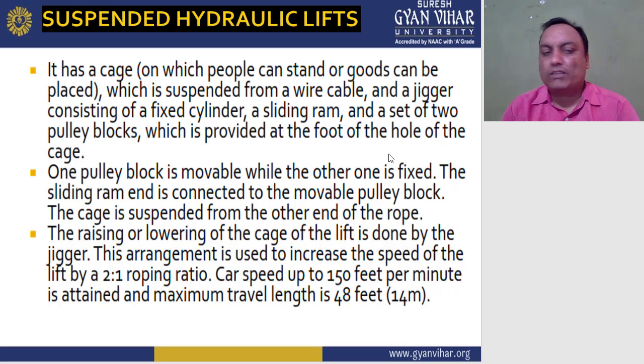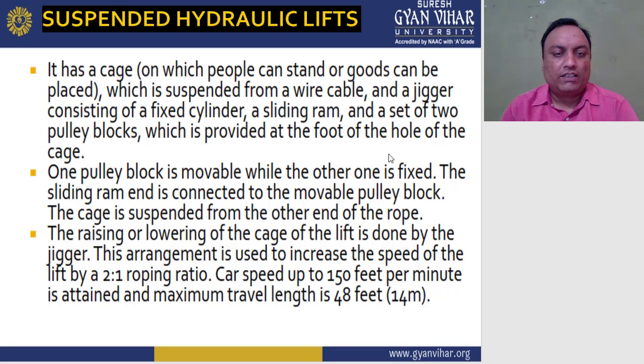One pulley block is movable, while the other one is fixed. The sliding ram end is connected to the movable pulley block. The cage is suspended from the other end of the rope, and the rising or lowering of the cage of the lift is done by the jigger.